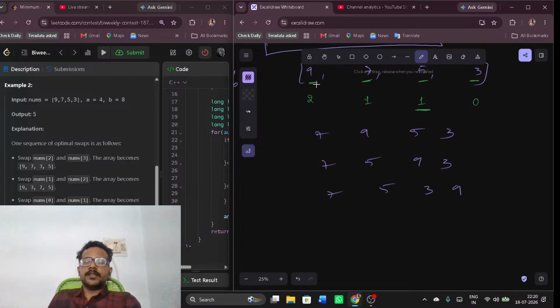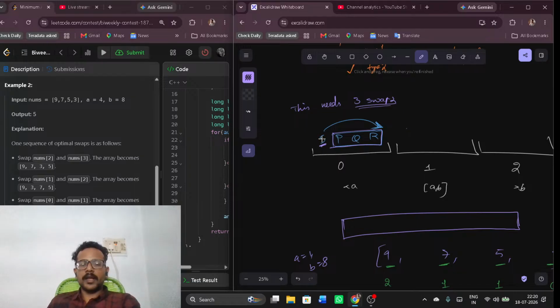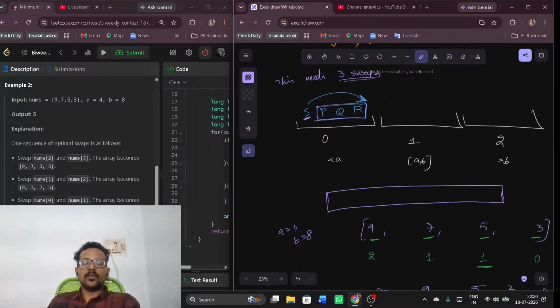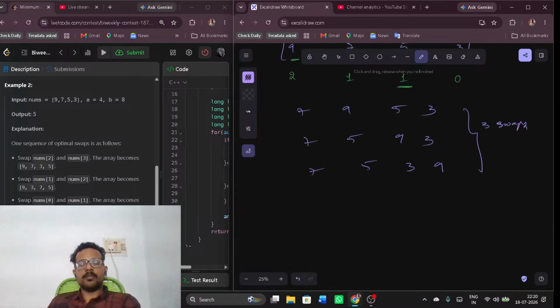So to make this 9 go to the end, I got 3 swaps. That's what I said. If you have SPQR, to make S go to the end, that many elements in the middle would be swapped.